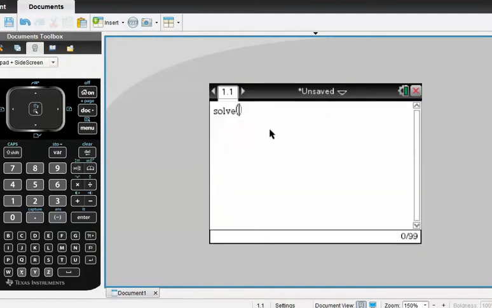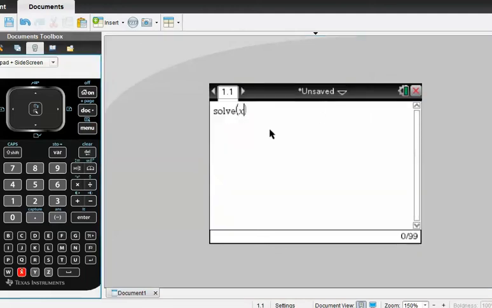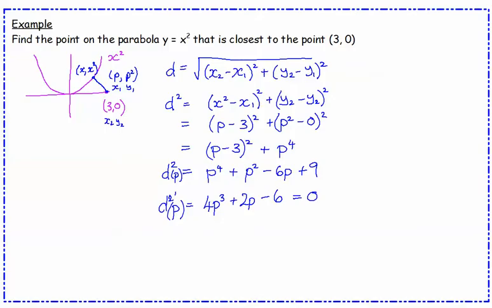So we're going to do solve. No, I'm going to stick with x. So we're going to have 4x cubed, and what was it? It was plus 2p minus 6.